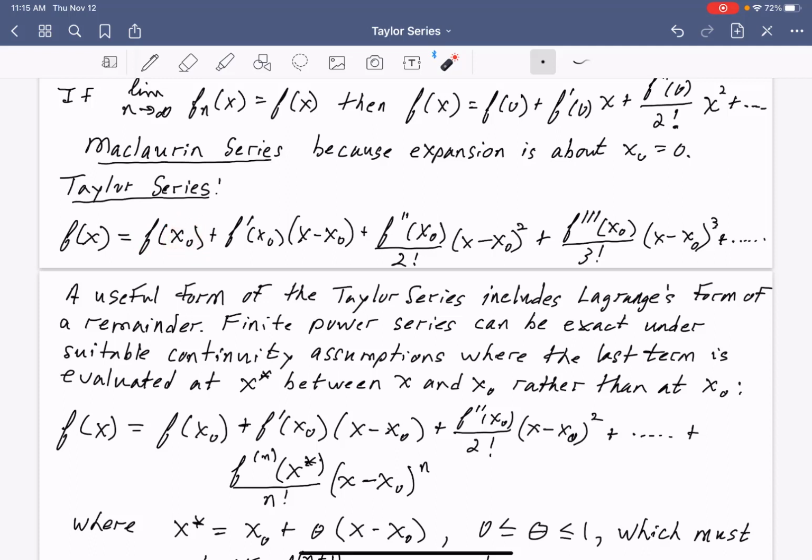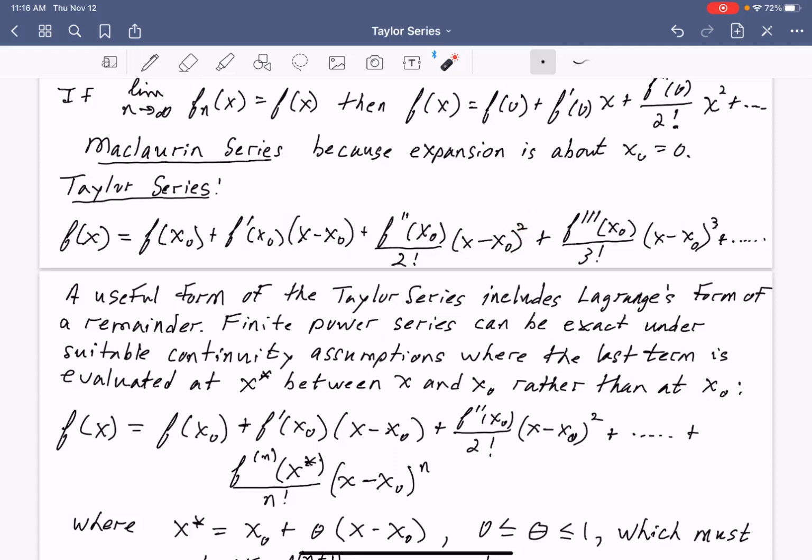Now, this is a way that people do all of this, and what you're expecting is that somewhere along the line x naught might be your solution to a numerical problem, for example, given by the function evaluated at x naught, plus the first derivative evaluated at x naught times (x minus x naught), plus the second derivative evaluated at x naught divided by 2 factorial times (x minus x naught) squared.